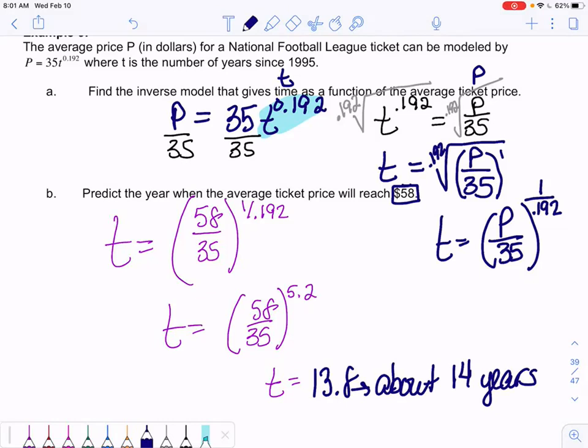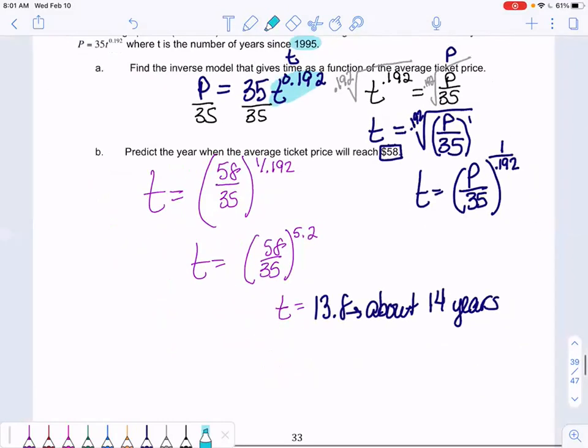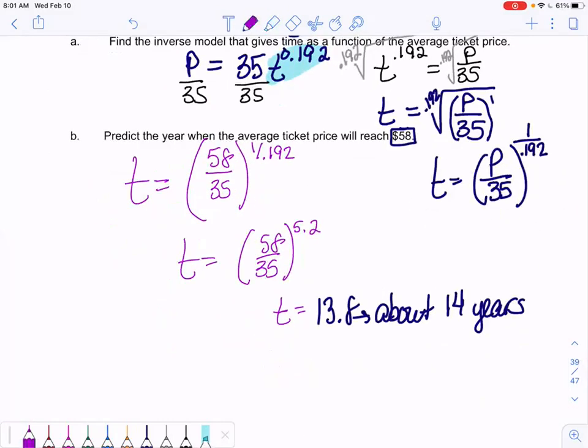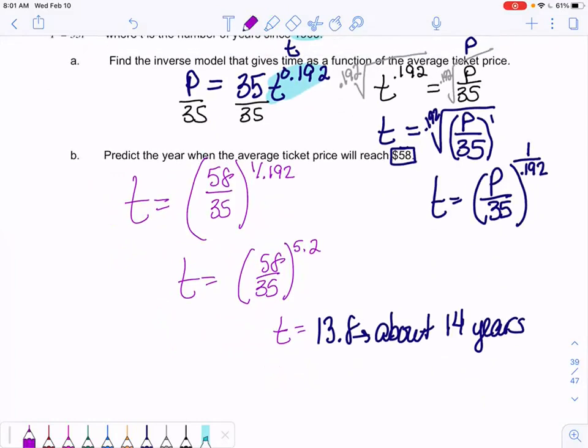So it says predict the year. If this equation is from the year 1995, what year would be 14 years later? So Jordan, 14 years after 1995 is 2009. So the predicted year would be 2009.